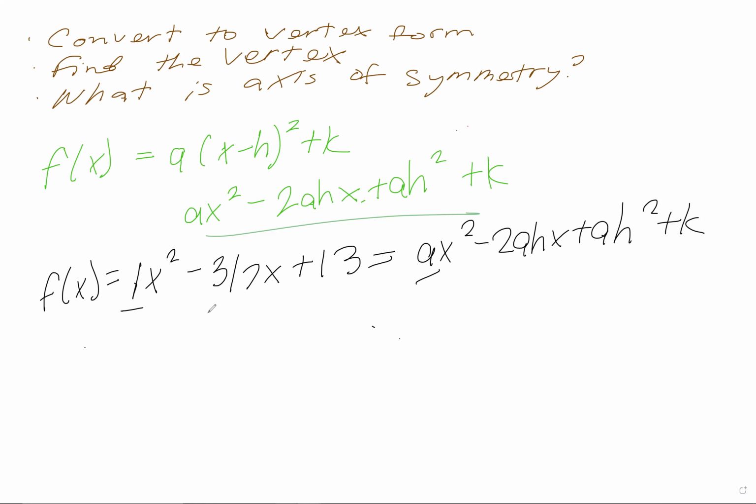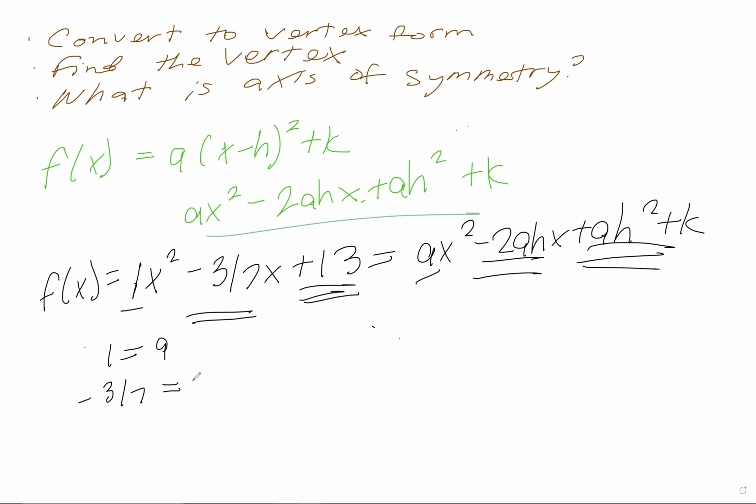Negative 3/7 is equal to negative 2ah. 13 is equal to the rest. So 1 is equal to a, and negative 3/7 is equal to negative 2 times 1 times h. Solve.